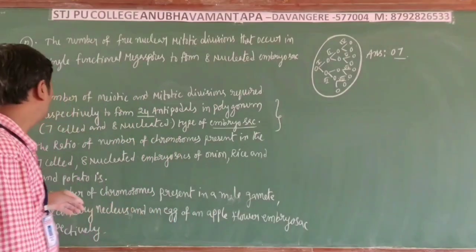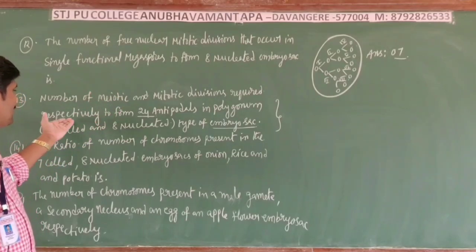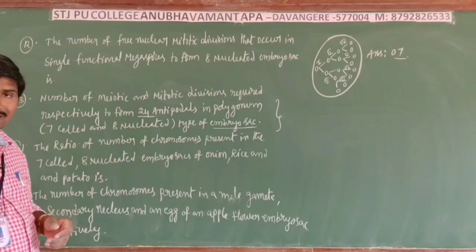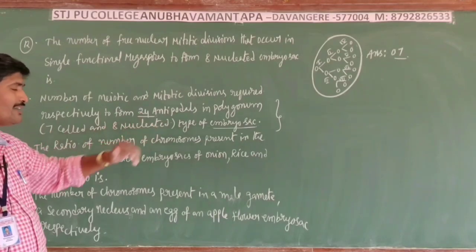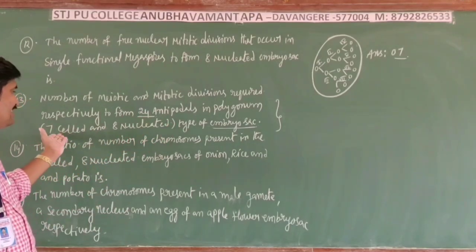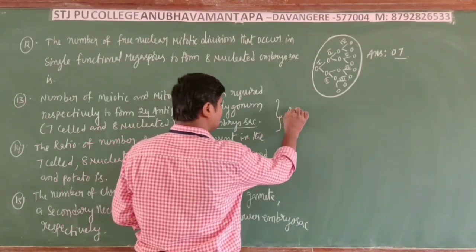Next one, how many meiotic and mitotic divisions are required respectively to form 24 antipodals in the polygonum type of embryo sac? Polygonum means 7-celled and 8 nucleate type of embryo sac.